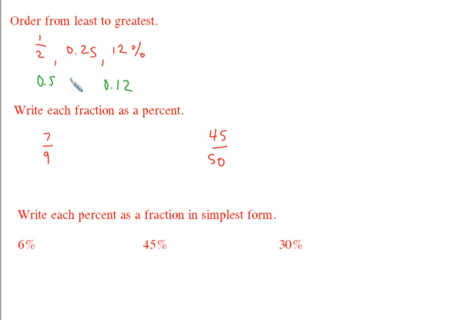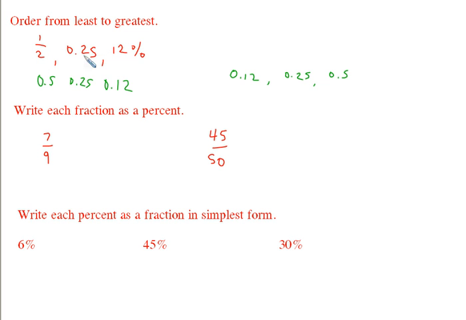And then, let's just write this here to make it all nice and neat. I just put them in the right order. So it's from least to greatest, 0.12. Then I got 0.25. Then I got 0.5. That's from least to greatest.